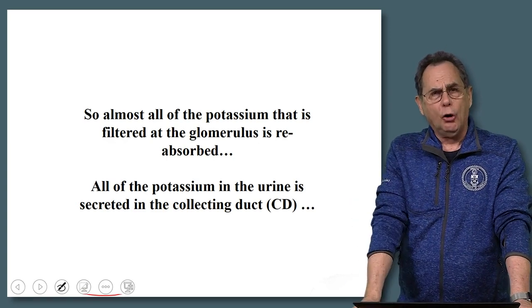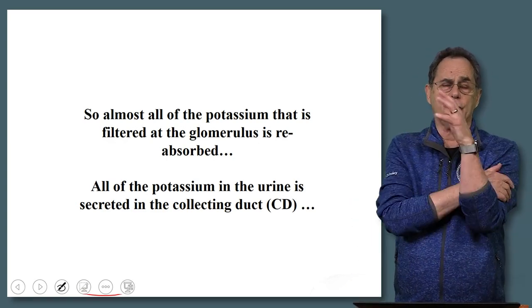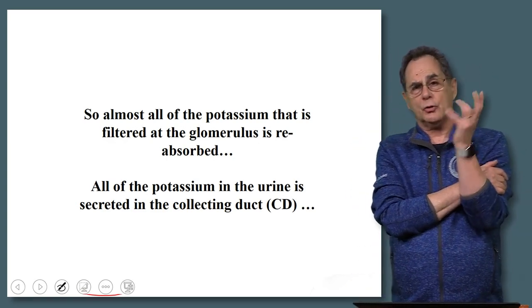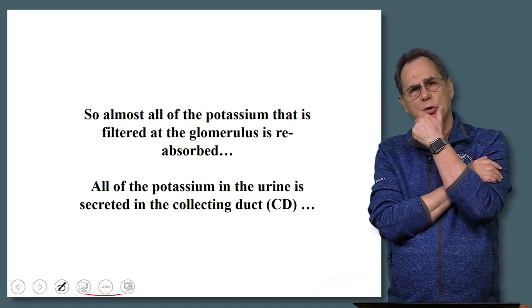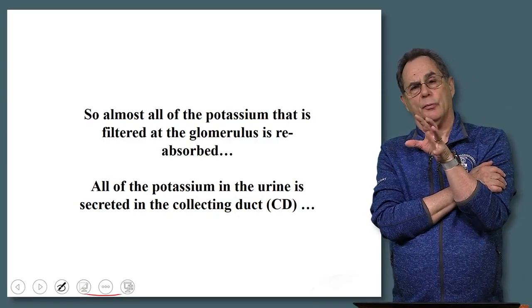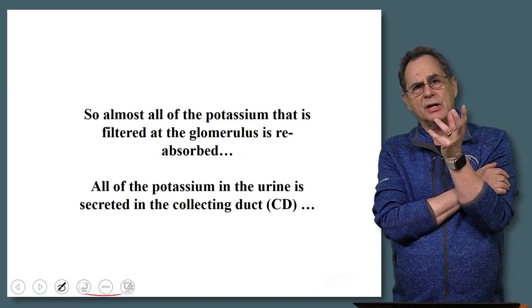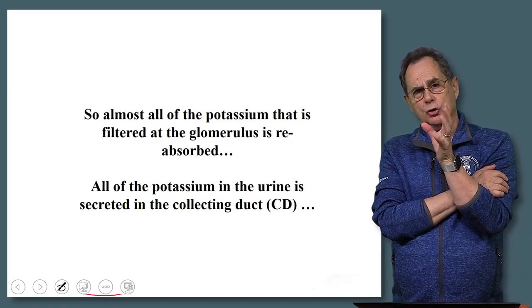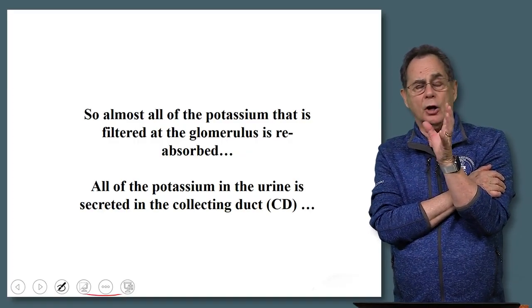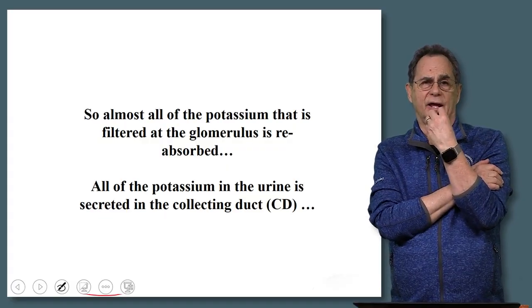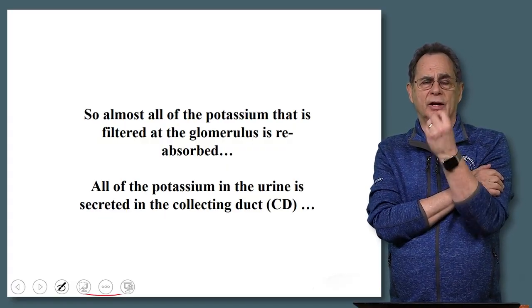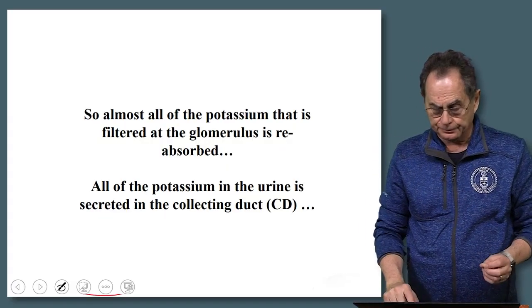So almost all the potassium that's filtered at the glomerulus as a consequence of Starling forces and water movement is reabsorbed. And that means that all of the potassium in the urine, which is by and large equivalent to what your daily intake is, is secreted in the collecting duct.